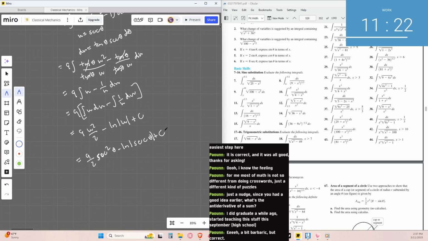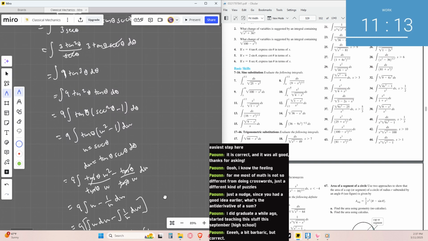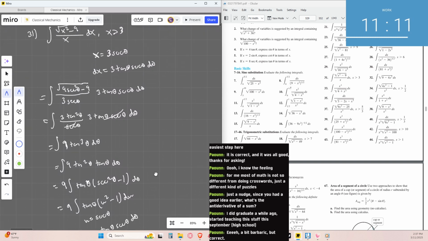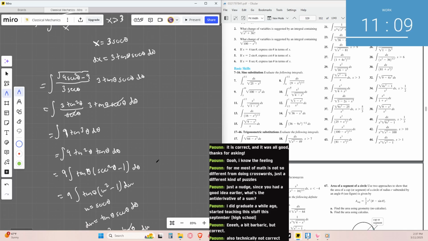And of course, now I have to convert everything back to x, I think. Because for x we had just 3 secant.